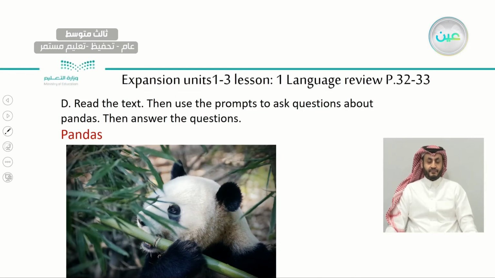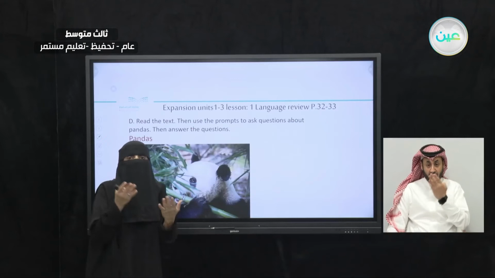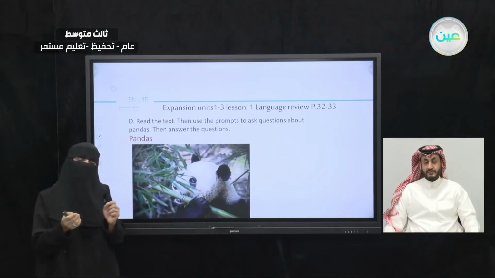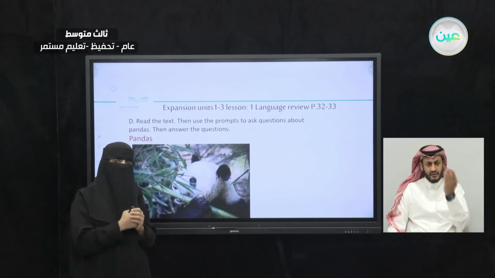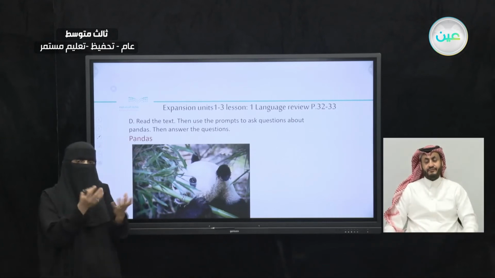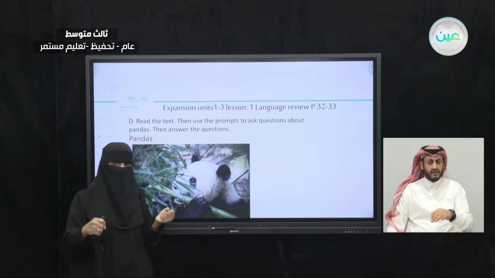Read the text, then use prompts to ask questions about pandas, then answer these questions. So what does he want you to do? We will listen to an audio about pandas. When we finish listening, he wants you to look at and read again the paragraph and try to come up with some questions.